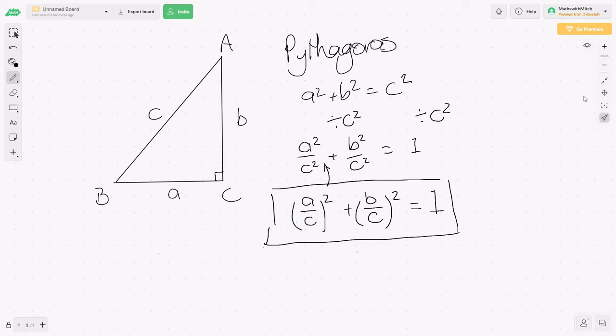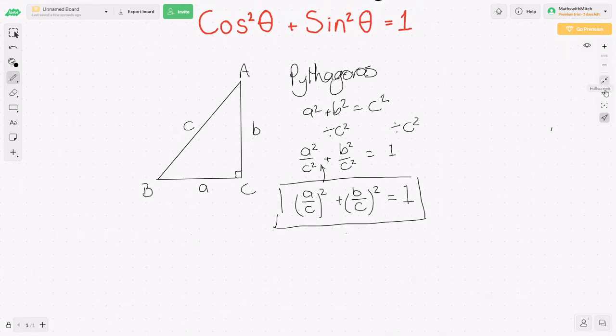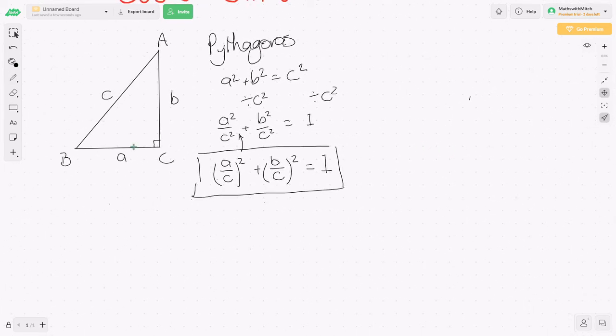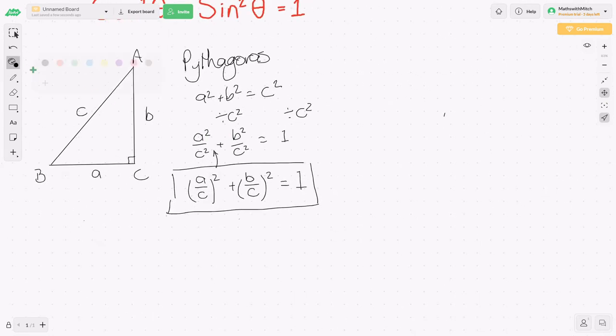But what else do we know about a right angle triangle? We can apply some trigonometry. So let's now do that. Remember that you can write out SOHCAHTOA in case we forget anytime you like.